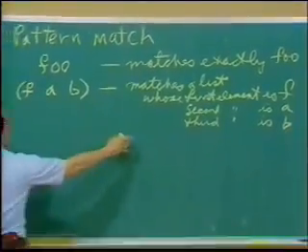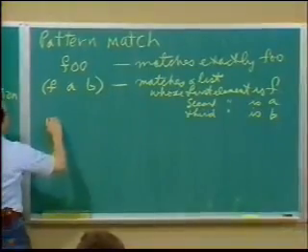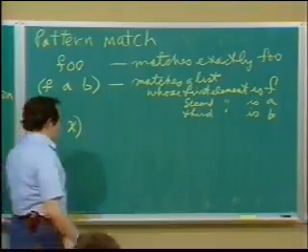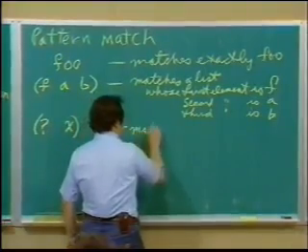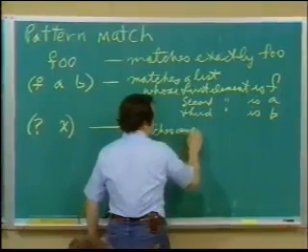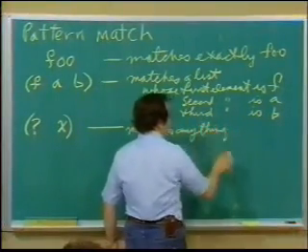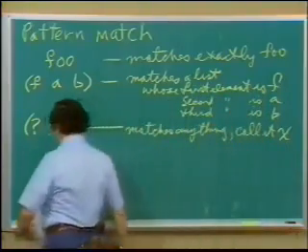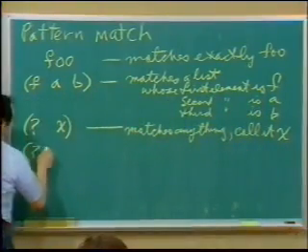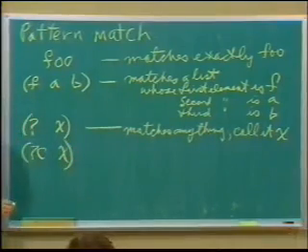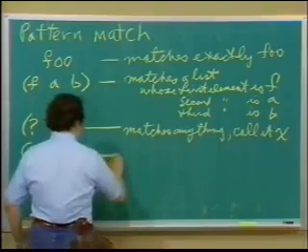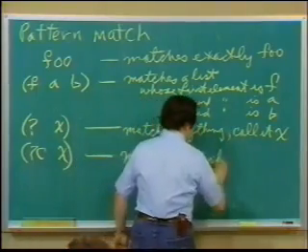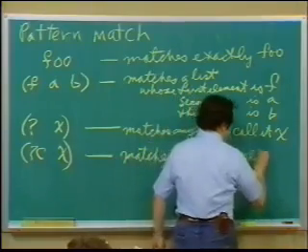Also, another thing we might have in a pattern is a question mark with some variable like x. And what that means is it matches anything, which we will call x. Question mark cx will match only constants. So this is something which matches a constant. Call it x.